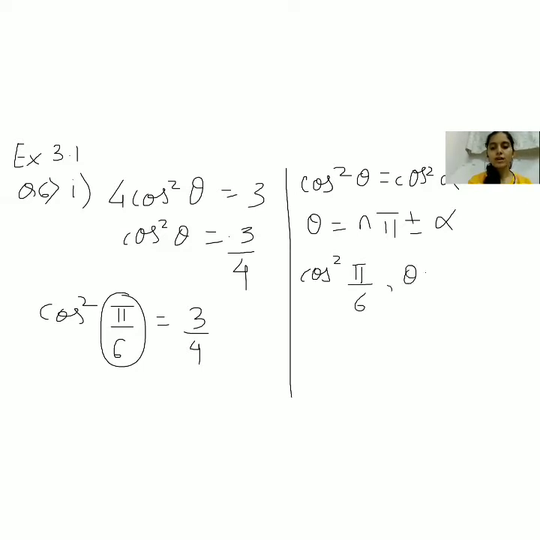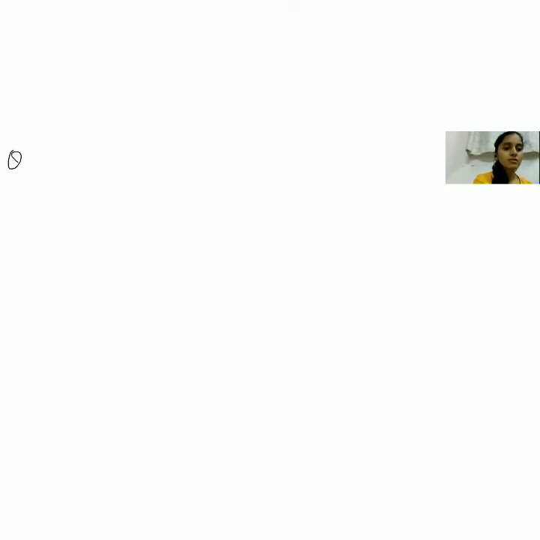Theta should lie between n pi plus minus pi by 6, and n belongs to z, right? So we have this as a generalized solution for a square value. Remember, square values have a different generalized solution than your regular functions of trigonometry.